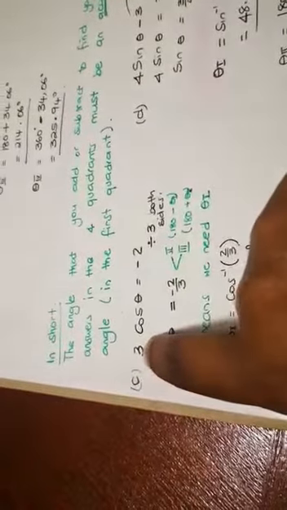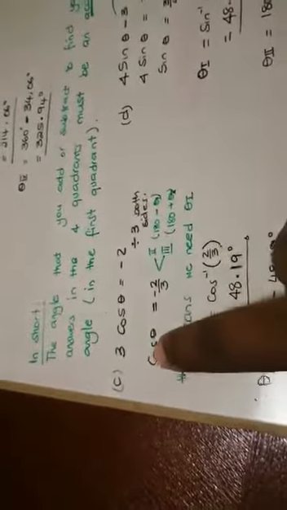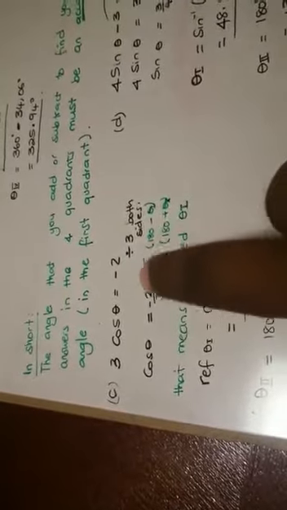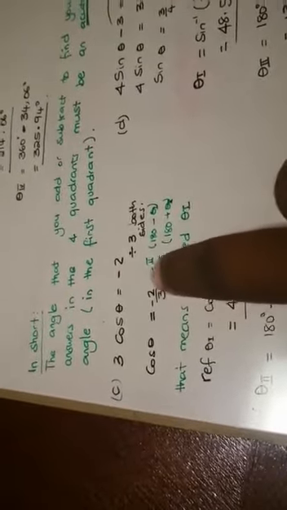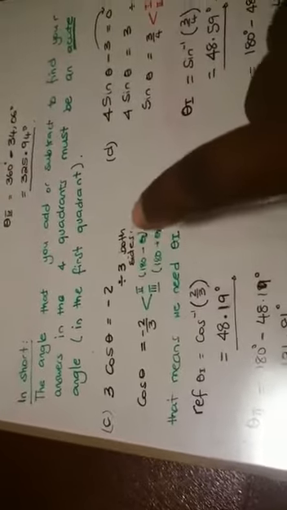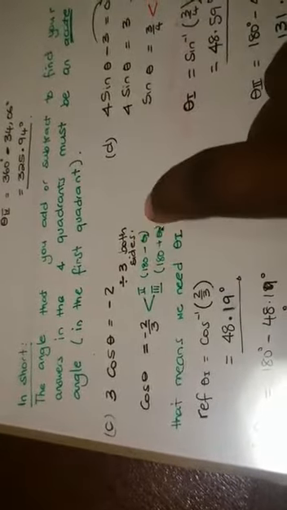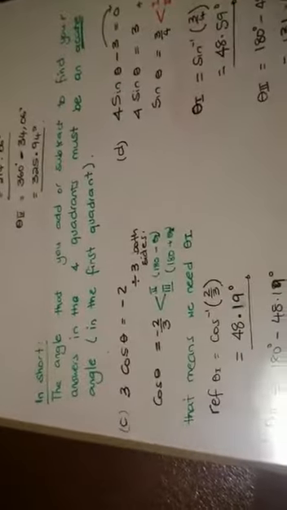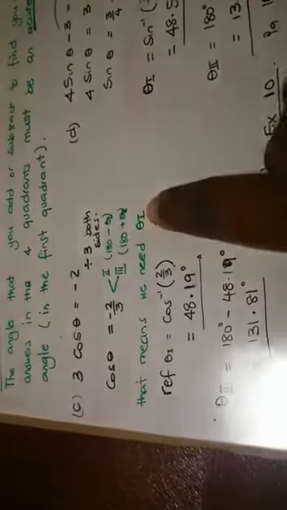So it is divide by 3 here, divide by 3 there, and then you've got cos theta equals negative 2 over 3. And then cos is negative on the second quadrant and the third quadrant, where we use 180 minus theta and 180 plus theta, and that theta must be in the first quadrant. So that tells you we need to find theta 1.